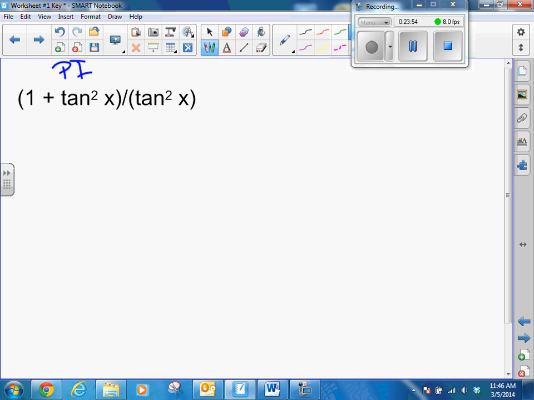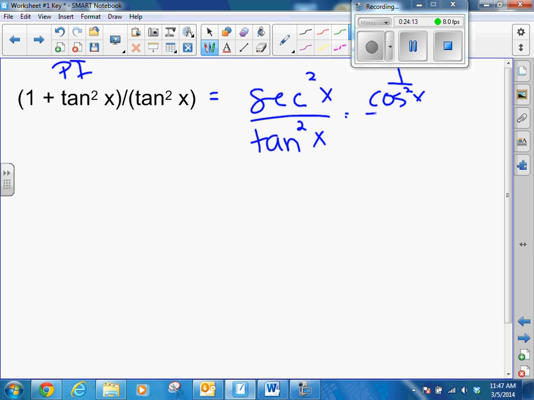And it's secant squared. So now I can go down to secant squared over tangent squared. But again, I can simplify that even further. What's on top? Yep, 1 over cosine squared x. Please don't forget the squares.